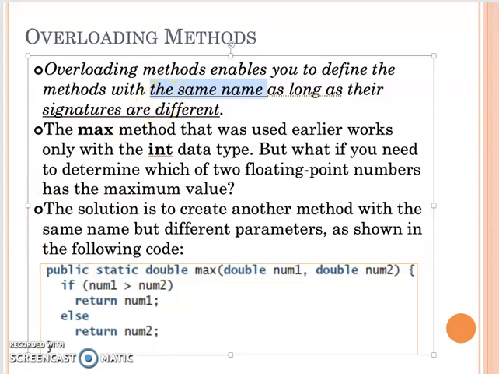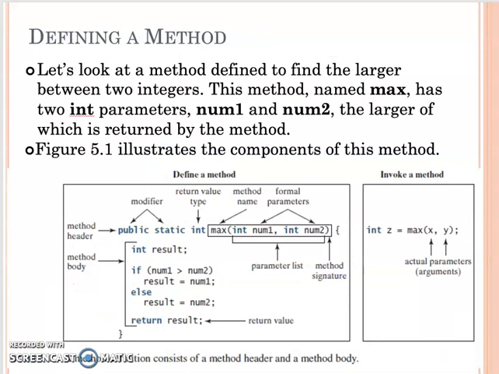Here we can see an example with a max method, where the method name is max. We can compare two integers. Do you remember we had a max method earlier, in slide 8?